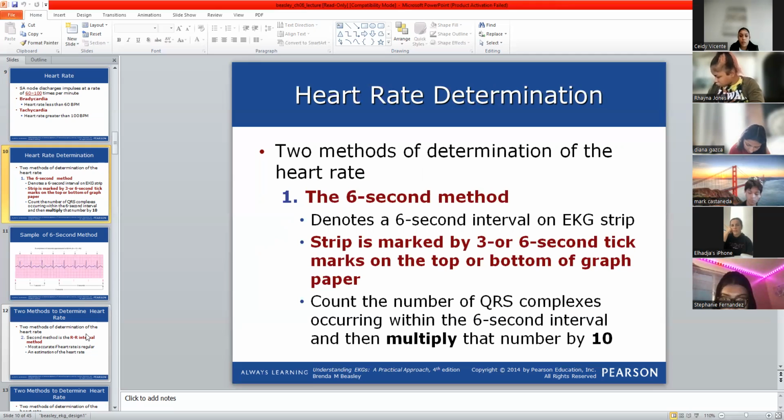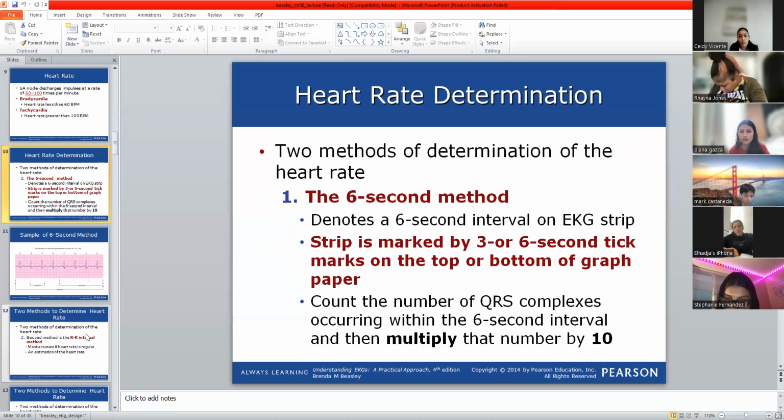The heart rate, like I told you in the lab, we go by the 6-second method, and we are familiar with why we go by 6 seconds. We multiply the number of QRS, which is ventricular contraction, by 10, and you will get the heart rate.